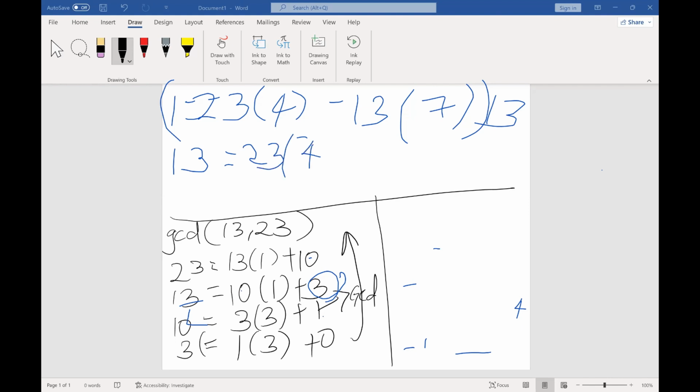So this is y, right? Times 13. So we can change this to be an addition, because 13x is already positive. So it becomes plus 13 into -7 times 13. That's correct. Times 13.